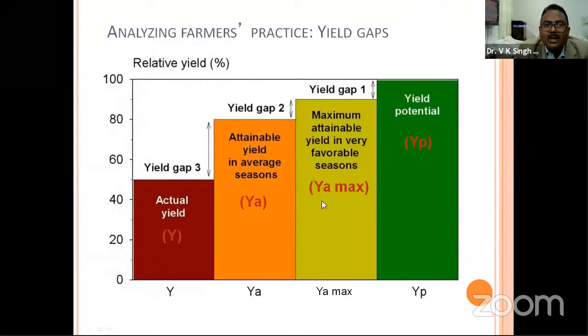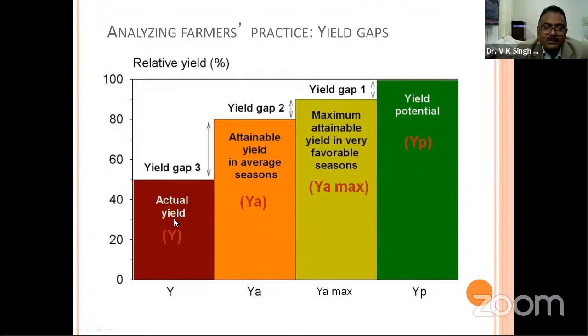So I would like to put my earlier slide in this way. This is our yield potential, but at research farm we are getting around 10% less, that is yield gap 1. And once you go from on-station research to the farmer's field, another 10 to 15% reduction in yield occurs, that is called attainable yield.